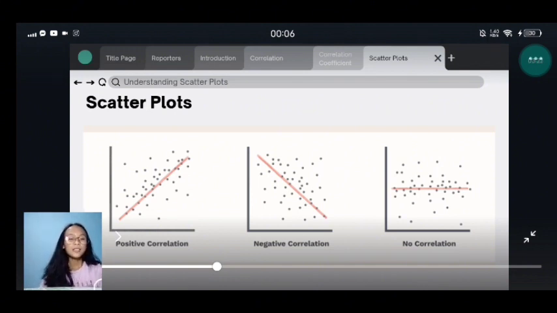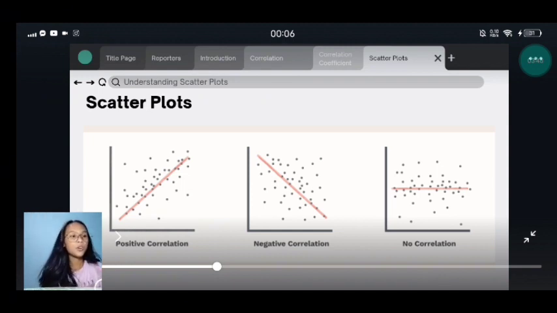Second is its x and y-axis. The x-axis is the horizontal line, and the y-axis is the vertical line, representing the two variables being compared.